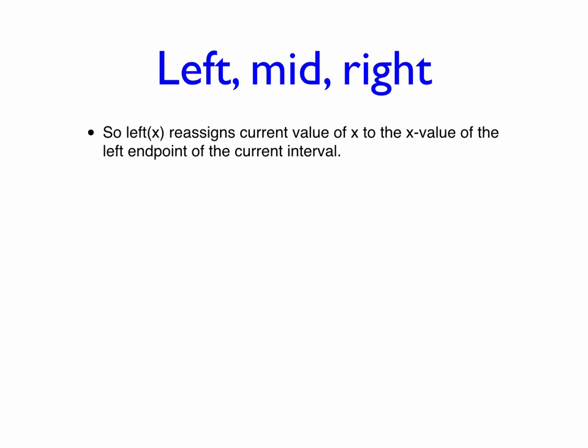Let's just recap. Left of x, what does it do? It takes the current value of x and reassigns it to the left endpoint of the interval containing the current value of x.